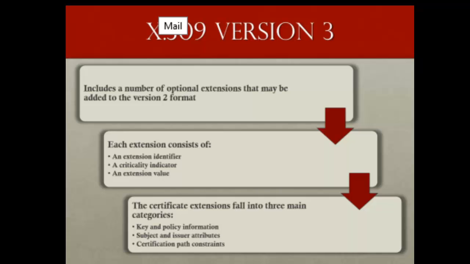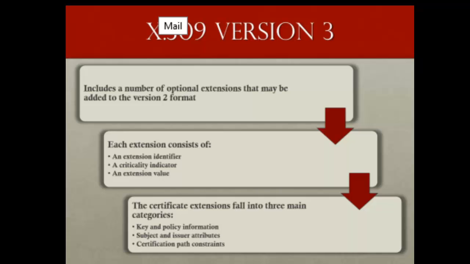So rather than continue to add fields to the version 2 fixed format, the standards developers felt that a more flexible approach was needed. So version 3 includes a number of optional extensions that may be added to the version 2 format.